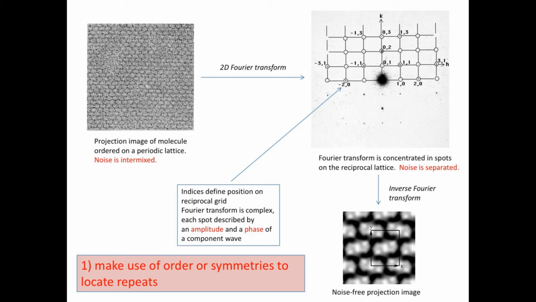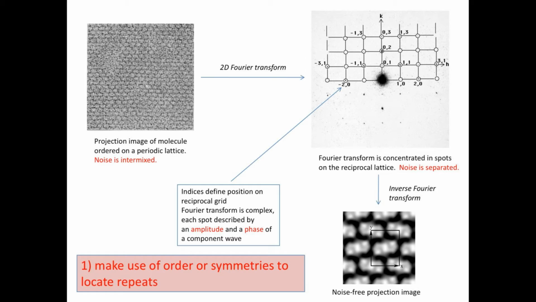So the point is that only the periodic part of this structure is going to contribute to the reflections on the reciprocal lattice. And the noise part, which is aperiodic, goes all over the place, which means that the noise also contributes here, but only a very small part.